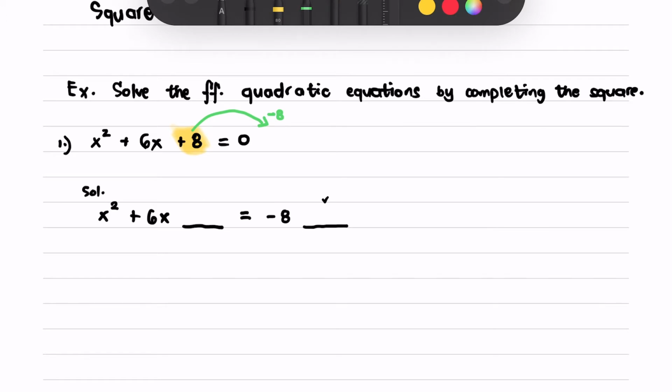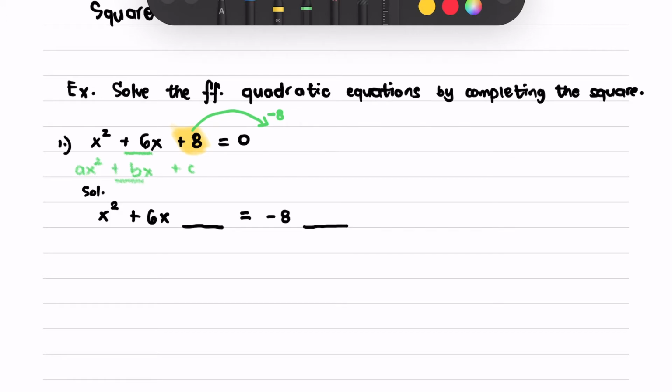Okay? So now, next step natin is hanapin natin yung value ng b. And the value of b is positive 6. Right? Kasi this is ax squared plus bx plus c. So, yung value ng b ang kukunin natin.